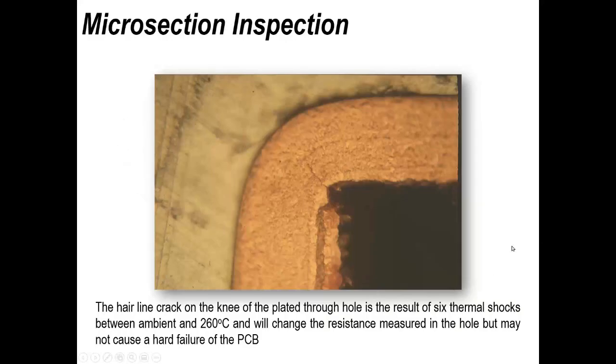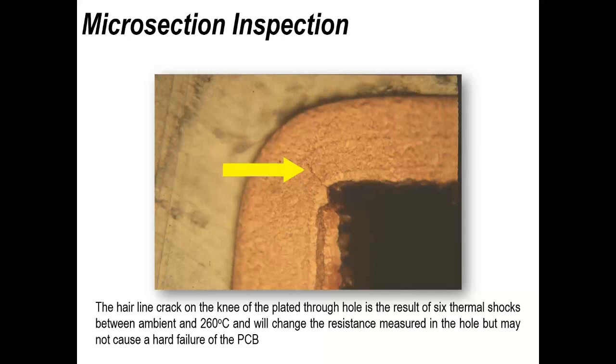So in this particular example, we've done thermal shock. There is a hairline crack, which hopefully you can just about make out on these slides. It's similar to some of the cracks I showed you earlier, but this has just gone through 6 thermal shocks at 260 degrees C. And this will maybe change the resistance value of the sample after testing.